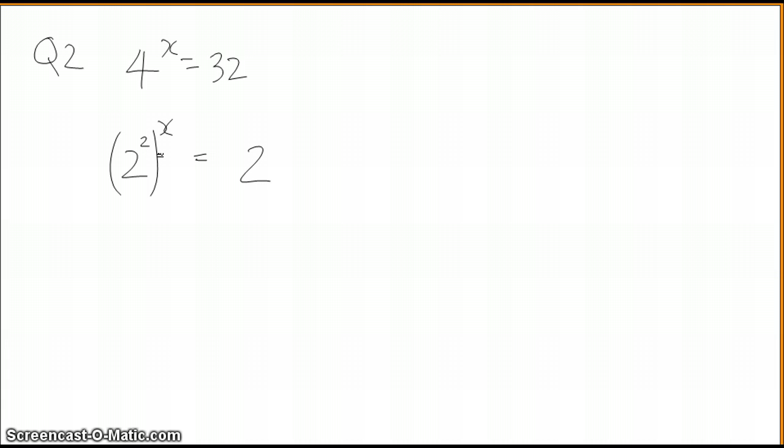Again. And again. It's actually 5. 2 to the power 5 gives 32. Because you multiply 2 five times, you get 32. So now we've got the same base, and we're about to equate the powers.